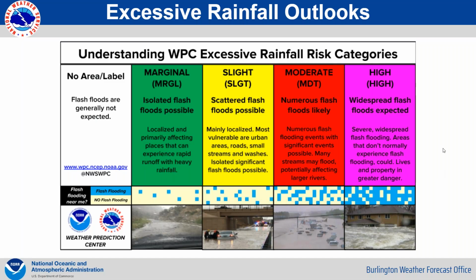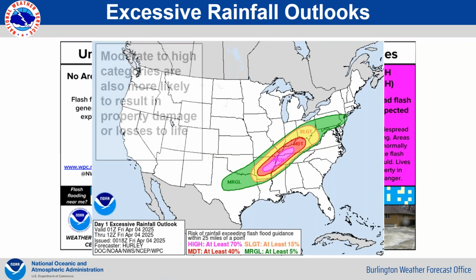So the moderate and high categories especially have significant risks to life and property in those situations. Most flood-related injuries or deaths will be associated with the Weather Prediction Center's forecasts for moderate and high events.